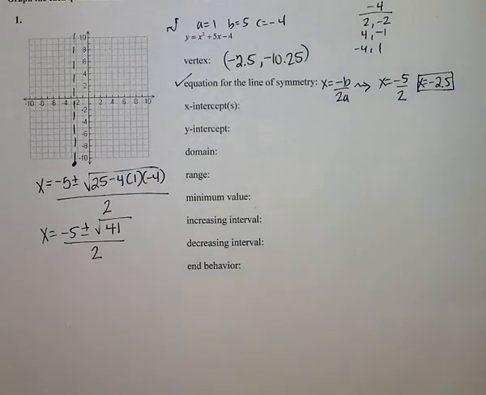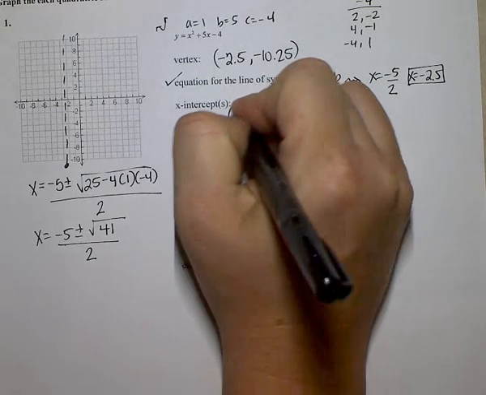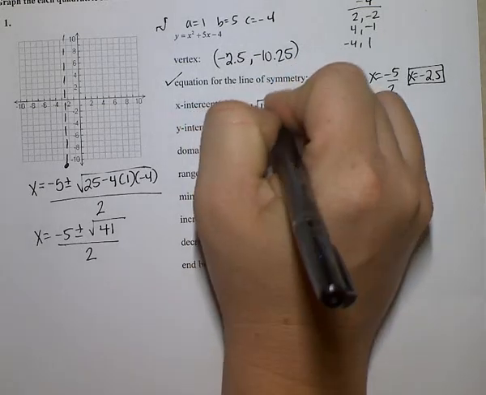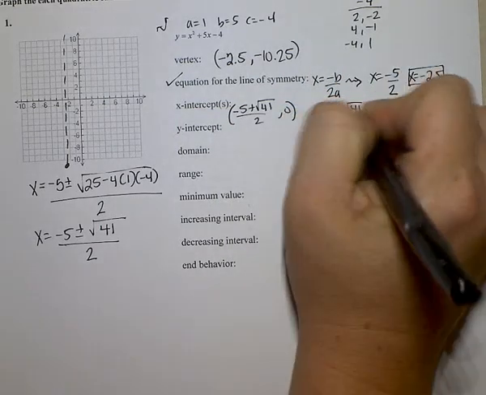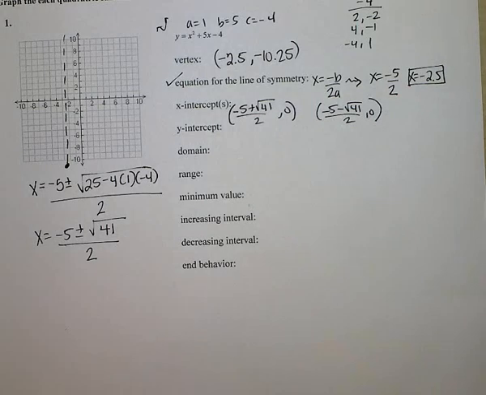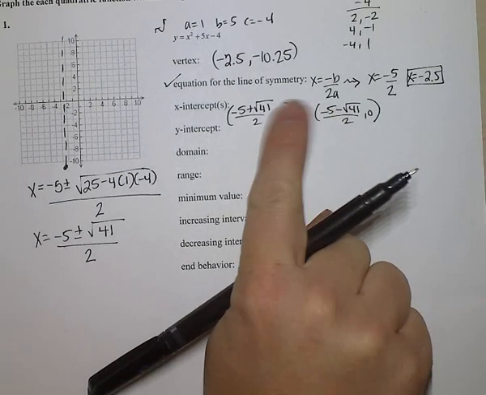Now the square root of 41, it's not a perfect square, and there is not a perfect square that divides into it that can help simplify it, okay? So if somebody said, what are the exact x-intercepts? -5 plus radical 41 over 2, and -5 minus radical 41 over 2. That probably means nothing to you. To me, I can't determine exactly what this value is, but this is the exact answer.